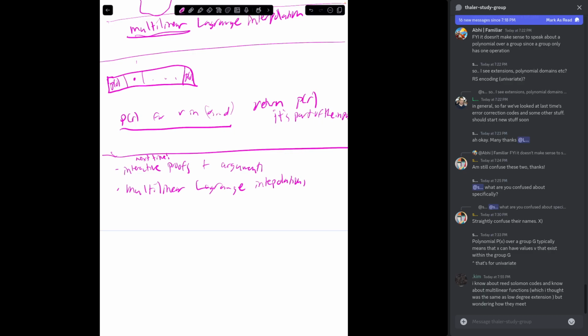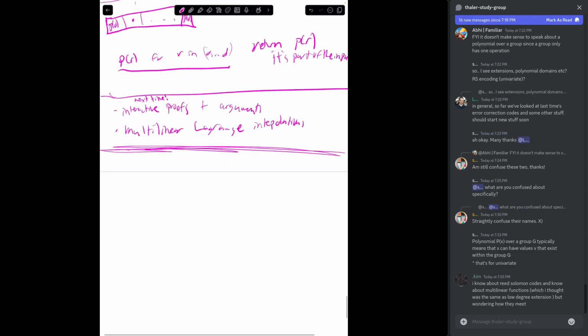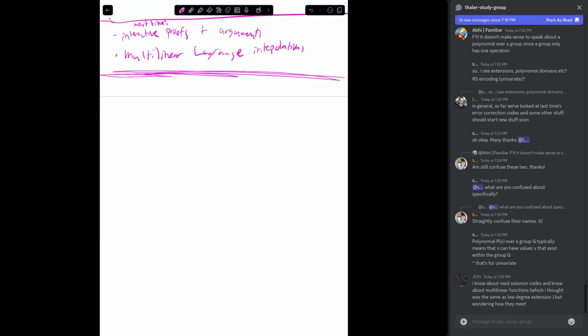I thought that the motivation to go to this evaluation method was to reduce the cost from order d to something. So I'm not sure what was the benefit of changing the visualization from the message being coefficients to the message being evaluations.